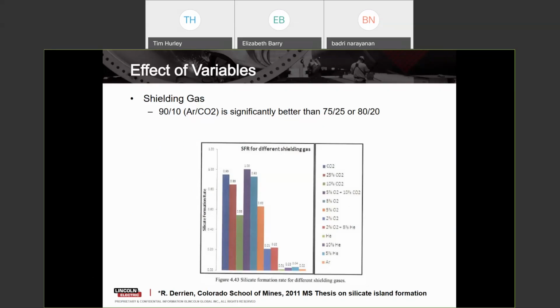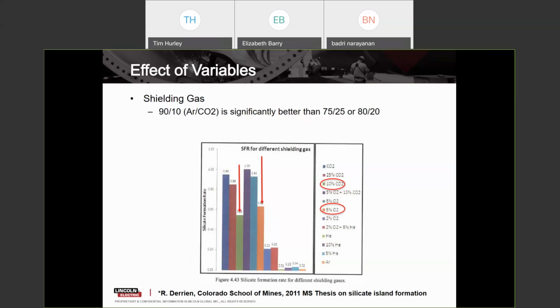This again is from a master's thesis from the Colorado School of Mines. What we see is that within the many shielding gases that were tested, 90% argon, 10% CO2 really gives us the best performance overall. The traditional 25% CO2 gas mixtures, and what you may think would be an even better improvement, a 5% oxygen mix, actually has a higher silicate formation rate when compared to the 90-10.